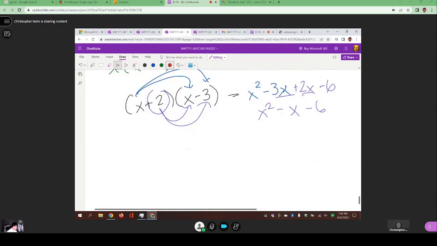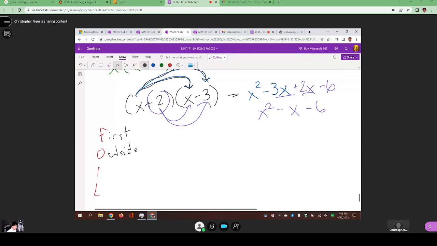The key thing here is a method called FOIL, which stands for first, which is the first things in our parentheses, x times x. Then outside, so you multiply things at the very edge of your parentheses, x times minus 3.